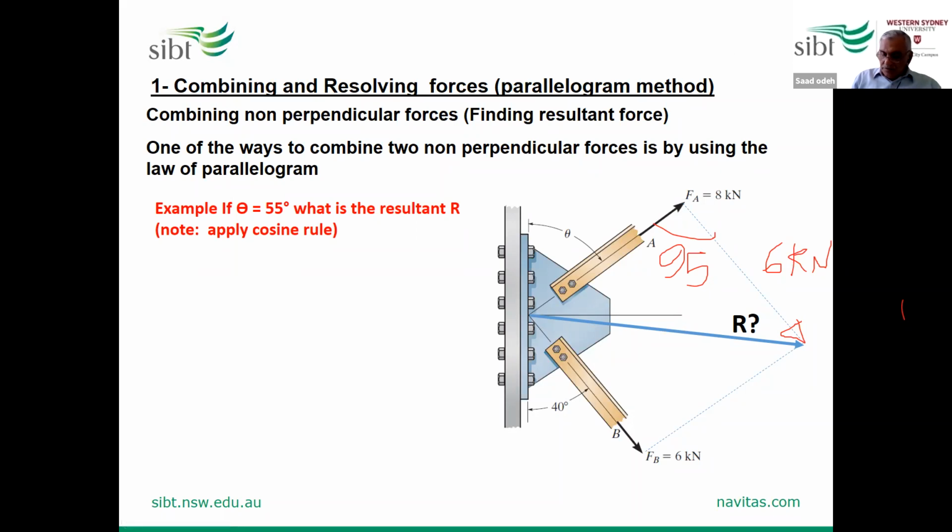Now, after I found the angles of the parallelogram, I can apply the cosine rule to this triangle here, because we have two triangles.